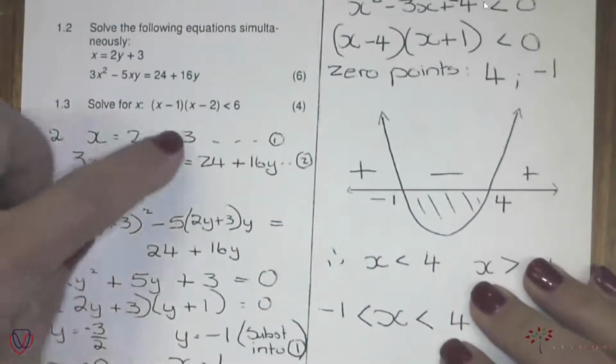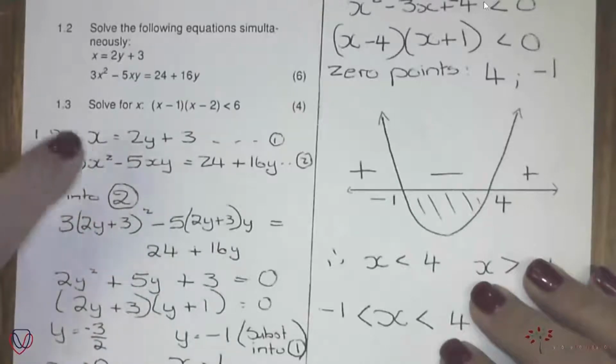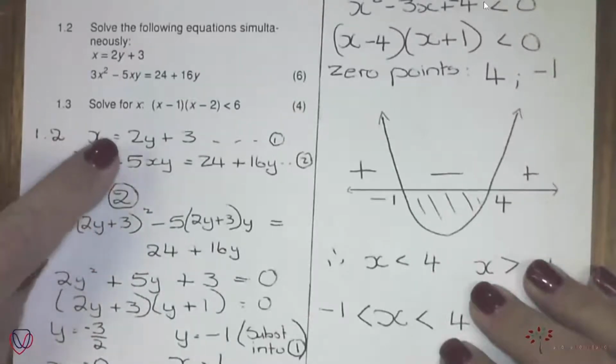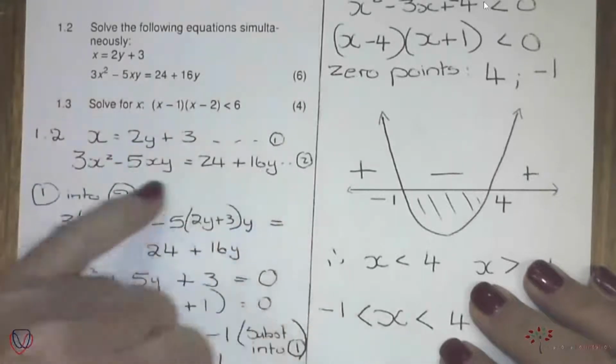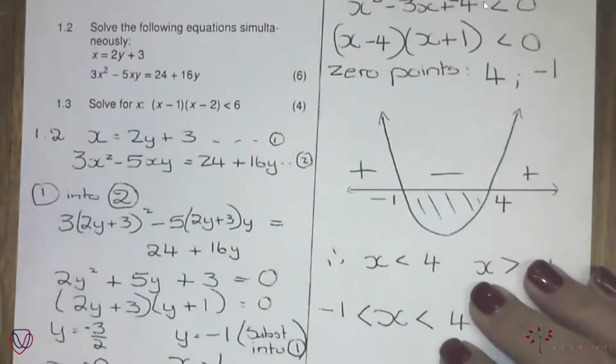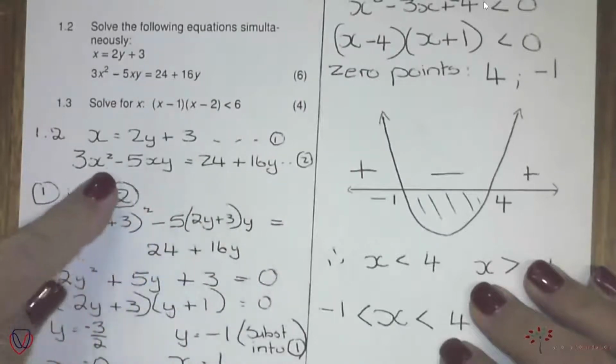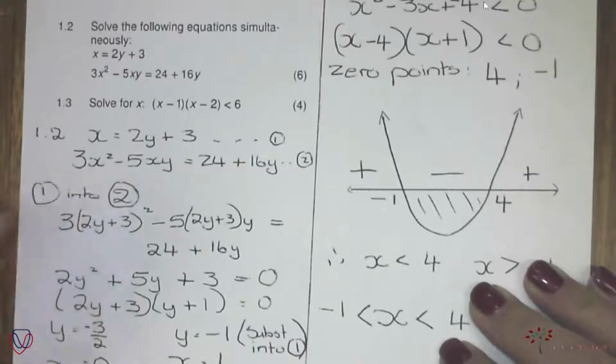Now people, let's quickly go back to that, because you get this in analytical geometry quite often, where they ask you to find the point of intersection of 2 graphs. The one graph might be a straight line, the other graph might be a parabola, or whatever this one is. This is not necessarily a parabola, but it's a quadratic graph.